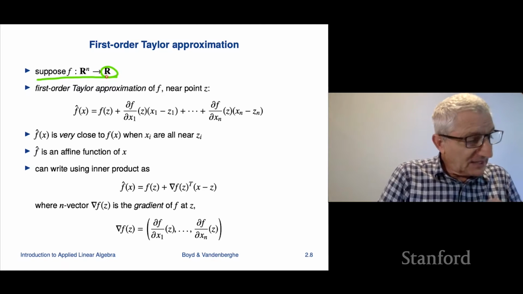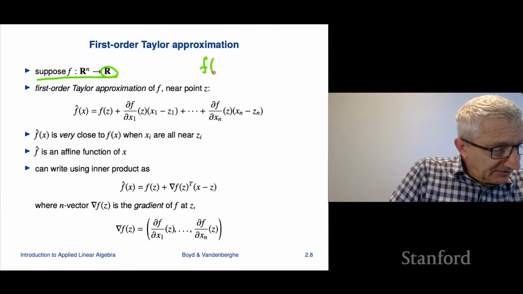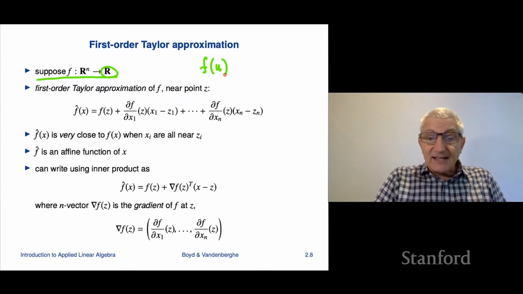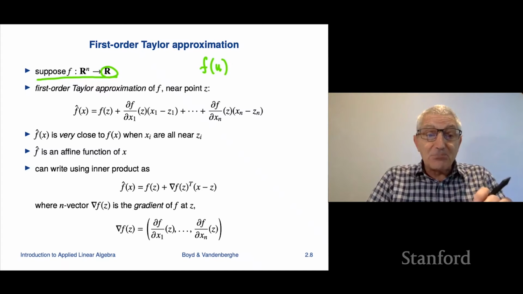So for example, you might write f of u, where u must be an n vector, and f of u is a real number.